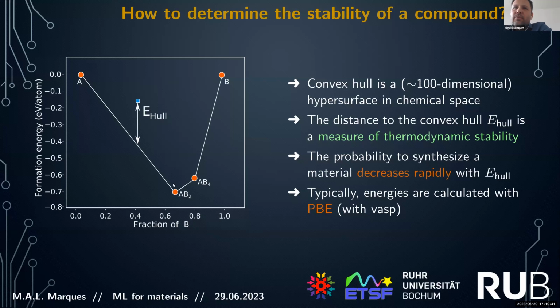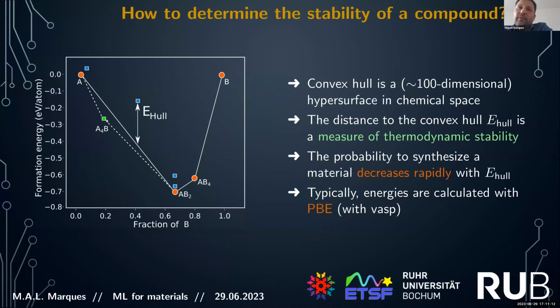This means that thermodynamically, in infinite time, this blue square should decompose into A and AB2, because the energy of the decomposition is lower. On the other hand, if I have another compound, for example an A4B, this green square, the energy is lower than the linear combination of A and AB2. This means that this compound cannot decompose into any channel, so it is stable.